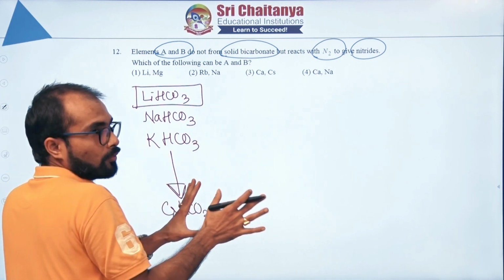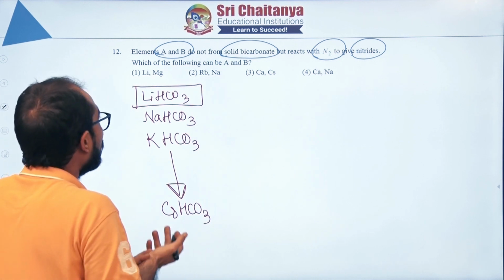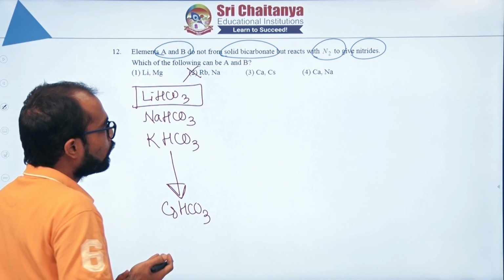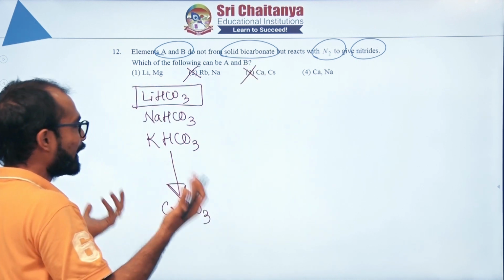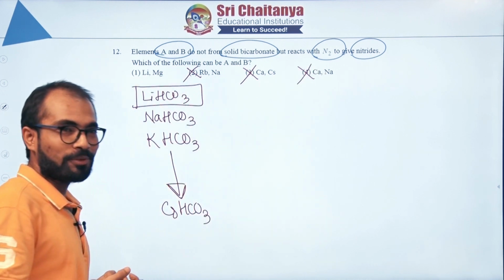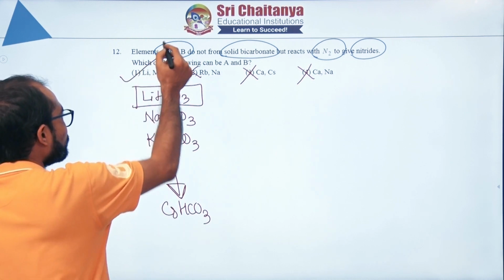And for others, we do not get bicarbonates. So, first of all, from this information itself, I will reject option 2 because they form solid bicarbonate. I will reject option 3 because it also forms solid bicarbonate. I will reject option 4 because it also forms solid bicarbonate. So, from this information itself, the question is solved.